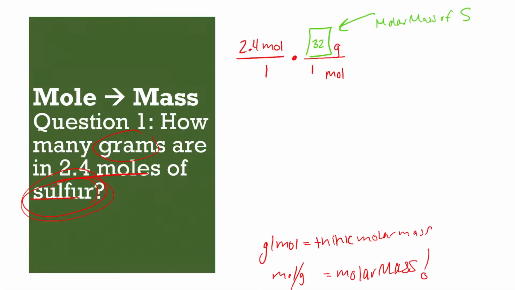So now all we have to do, make sure we set it up correctly, moles cancel out, we're left with just our grams, and so we're left with 2.4 times 32, which gives us 76.8 grams of sulfur. Now, if we are going to use significant figures, our answer should have 2 sig figs, so it should be 77 grams of sulfur.